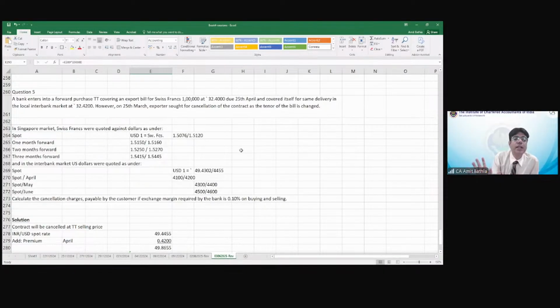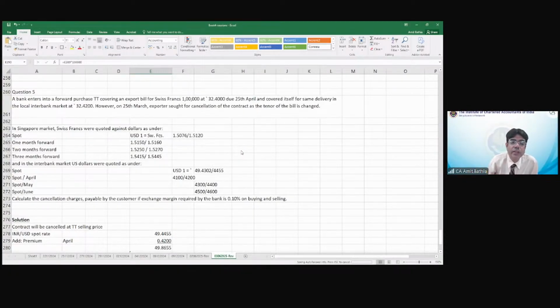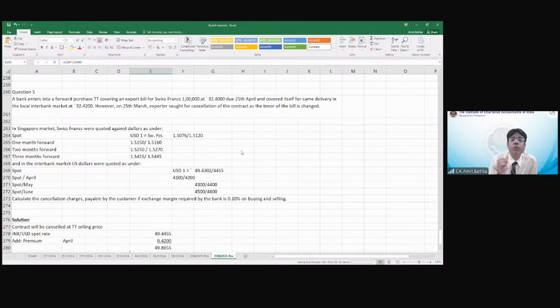What is the transaction which has happened? Say for example, you are the bank and I am your customer. I will give you 100,000 Swiss francs from my export bill, and you are going to give me 32.40 for each Swiss franc. So in INR terms, you are going to give me 32,40,000. Are you with me?